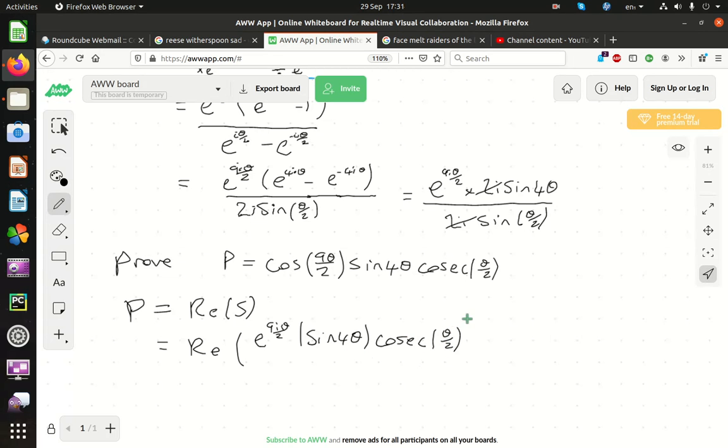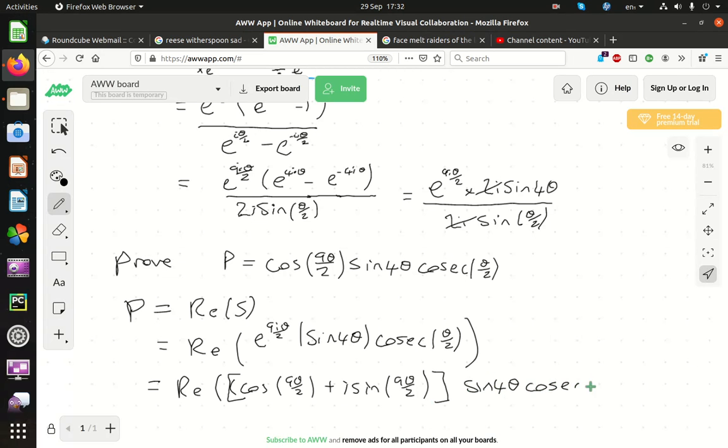Now, the reason that this is real is if we expand that, that's actually going to be just cos of 9 theta over 2 plus i sine of 9 theta over 2. And then we're going to multiply that, let me put this in square brackets, by sine 4 theta cosec theta over 2.